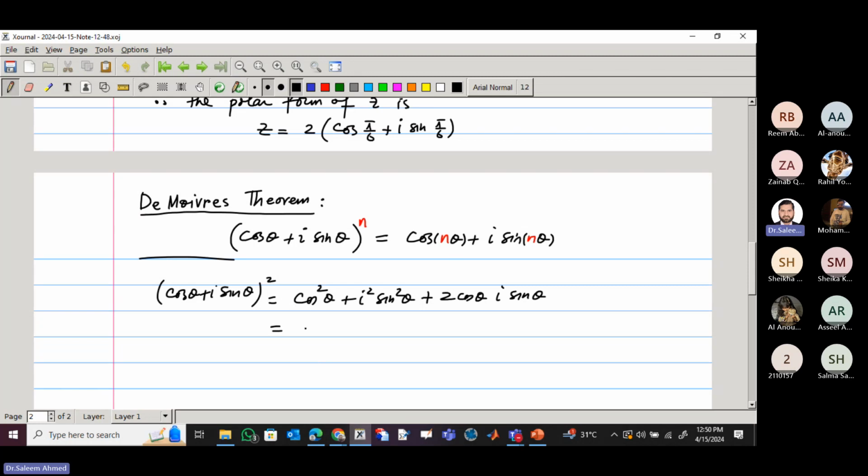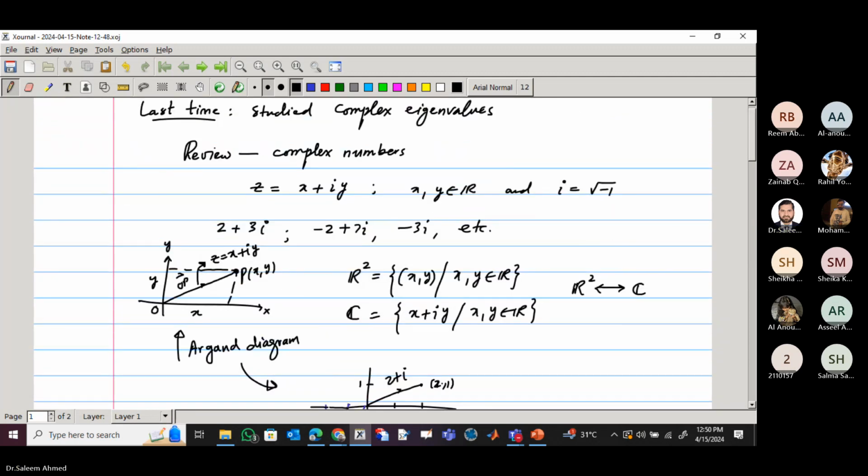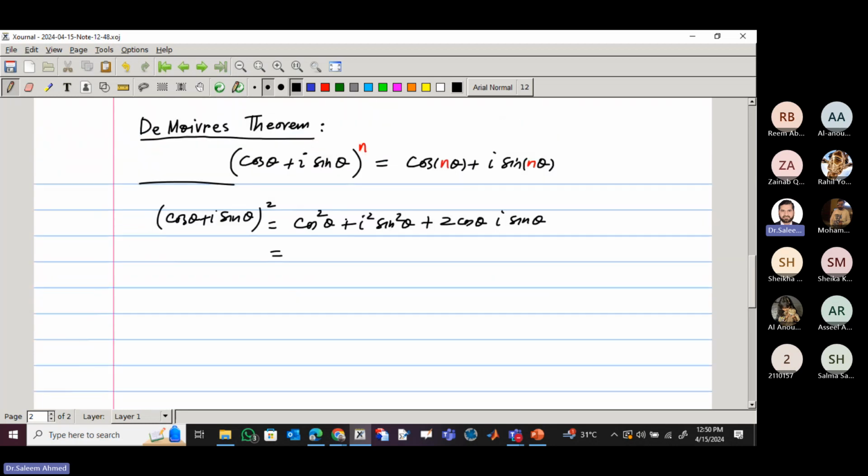Here iota square is -1, because iota is the square root of -1. So I can replace iota square with -1. So I got cos square theta minus sine square theta plus iota into 2 sine theta cos theta. So these are the formulas from trigonometry.